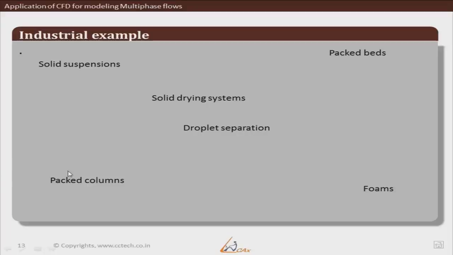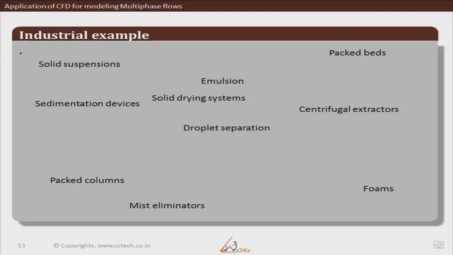Packed columns are used which involve multiple phases, which are mainly gas within a liquid or solid bed type of applications. Centrifugal extractors also involve multiple phases. Emulsions are an example. Mist eliminators are another example of multi-phase flow systems. Sedimentation devices are commonly used in the chemical industry and involve multiple phases. Cyclone separators, which are used to separate materials or fluid based on their difference in densities, involve solid particulate flow within gaseous or liquid mediums.